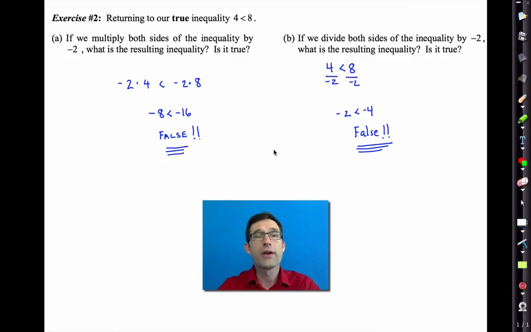When we multiplied or divided both sides by a positive number, we were fine. But when we multiplied or divided both sides by a negative, it changed our inequality from being true to being false. All right? So this really leads us into two properties of inequality that we need to look at right now. I'm going to clear out this text, so I want you to really process what we just did. Okay, then I'm going to clear it out.